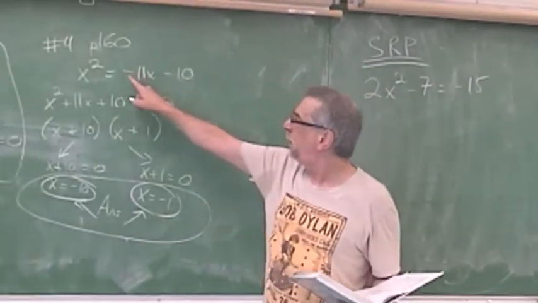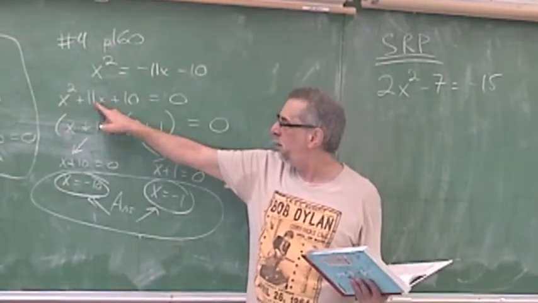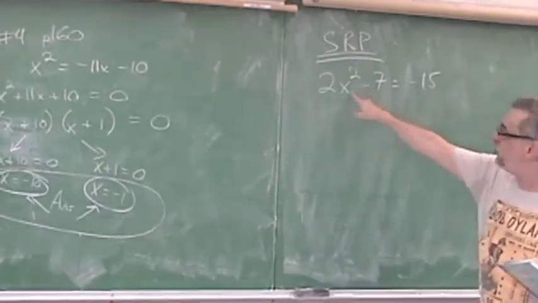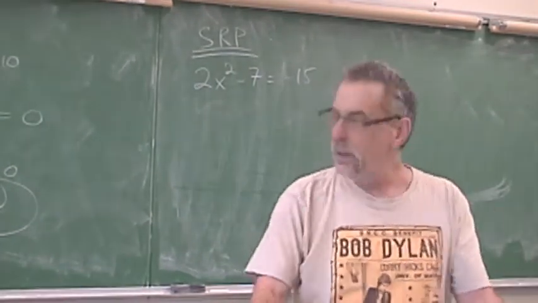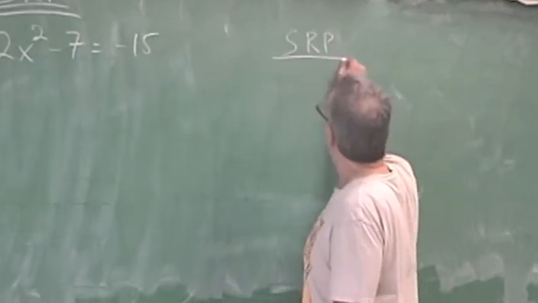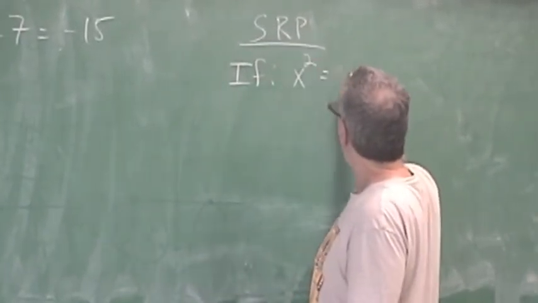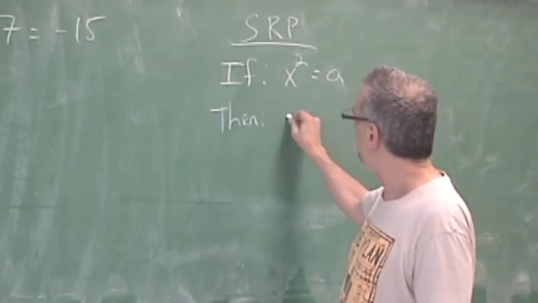Here we had a term with an x squared, a term with an x, and a constant. When you don't have a term with an x and just an x squared, that's when you're going to use the square root property. And the square root property says, if I have something squared equaling a value, then I can take the square root of both sides.